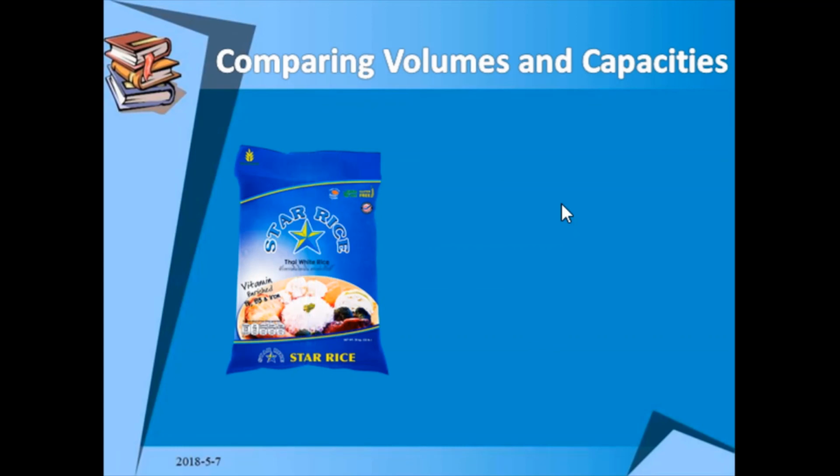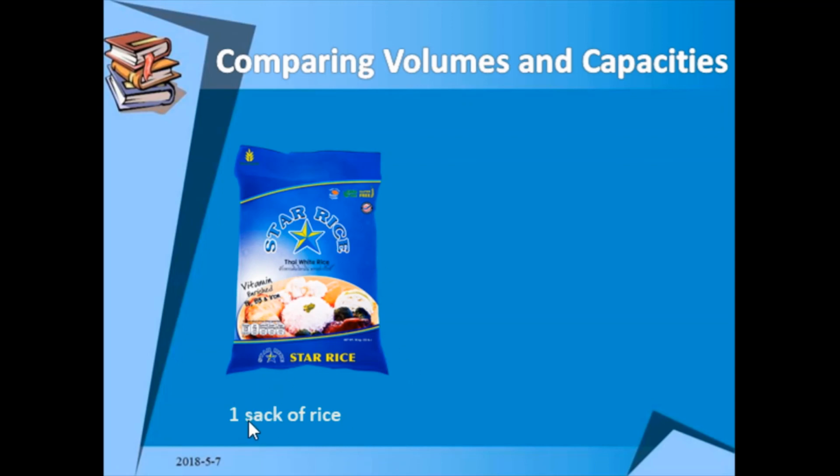Let's have 1 sack of rice. Let's talk about capacity this time. Again, capacity is how much a container can hold. So let's have a sack of rice, probably 5 kilograms of rice.